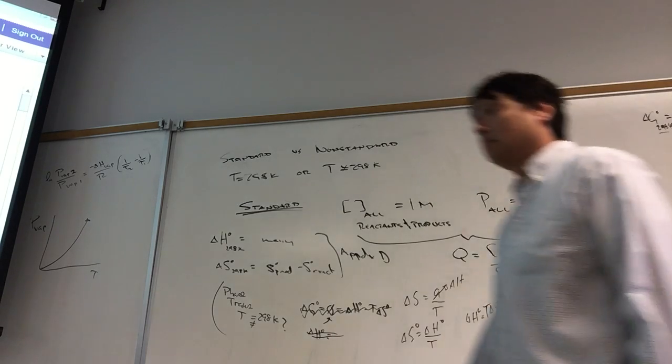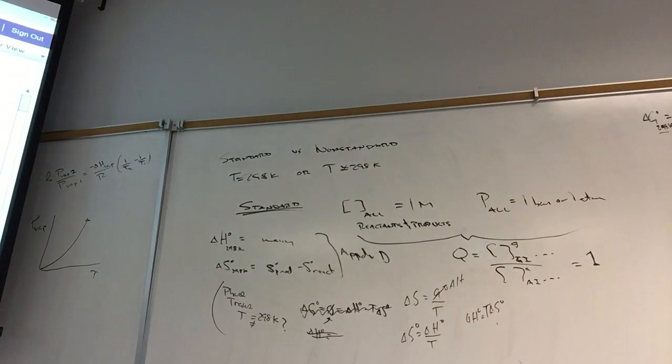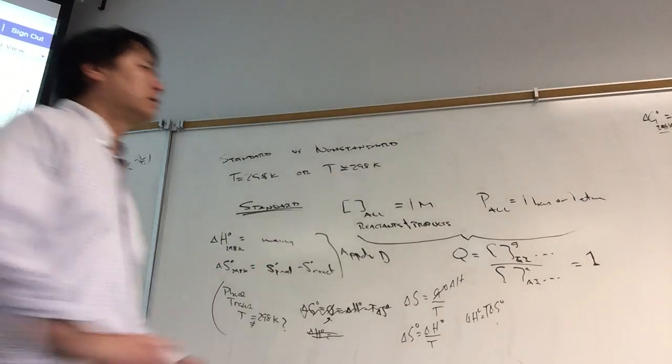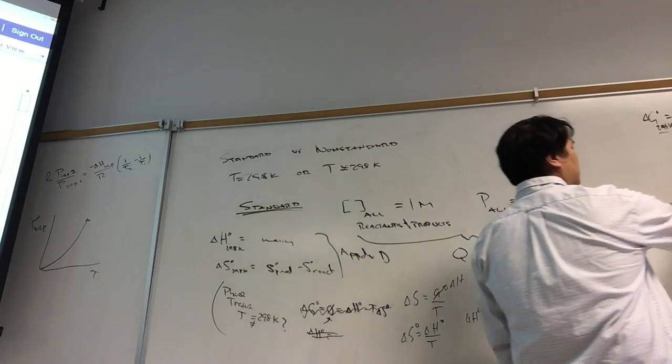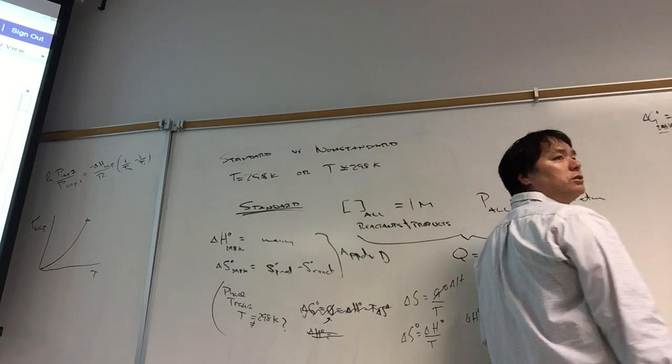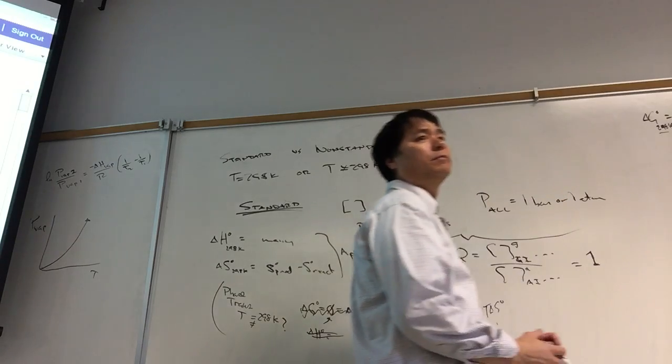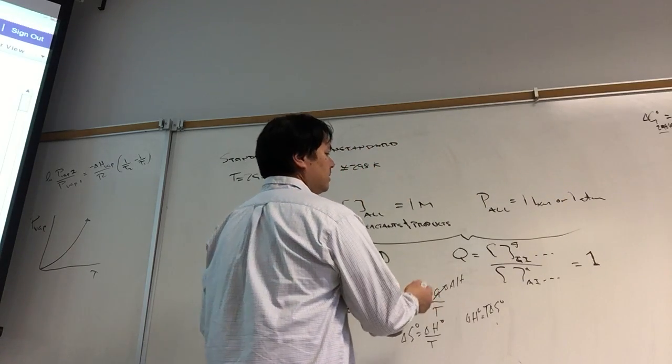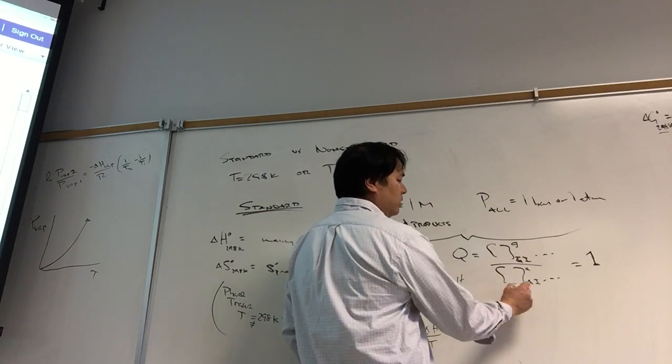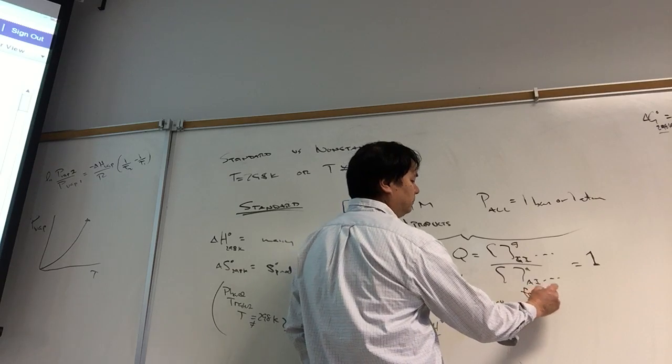But how is delta G naught related to Q and K? Well, the naught sign tells us what the concentrations and the pressures are. Q, let me say this. For solutions, it's this.